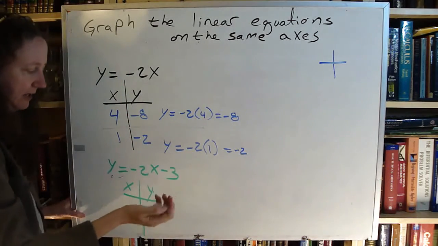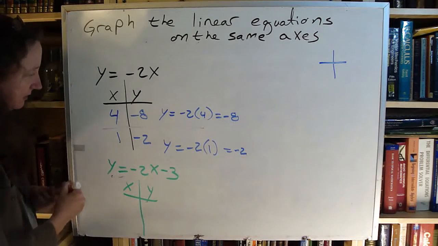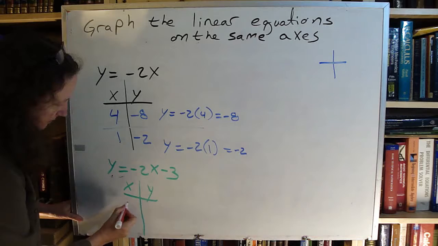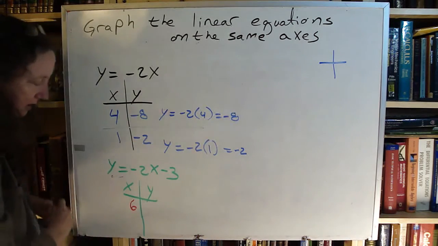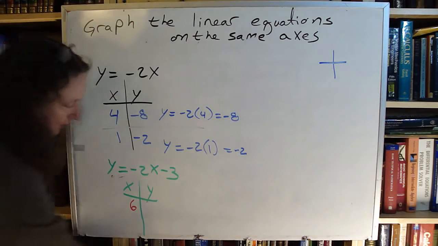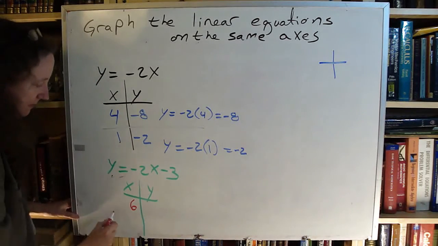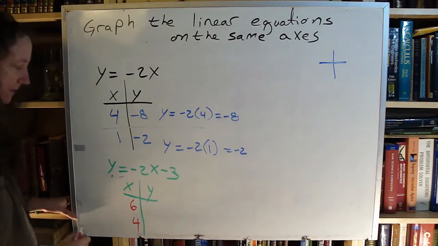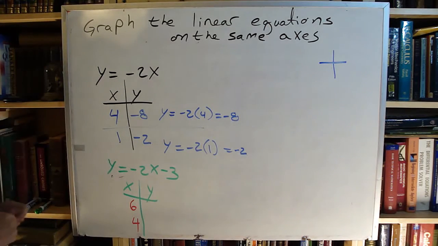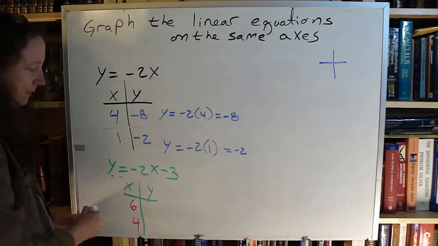So I'm going to take my die again. 6. Well, okay, it gave me a 6 again. So I plug in my 6 where x is.